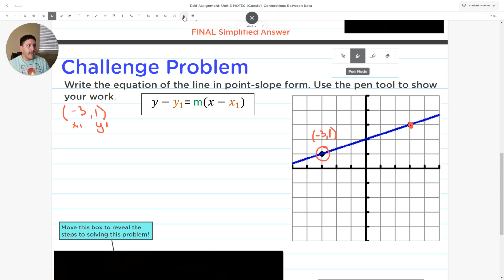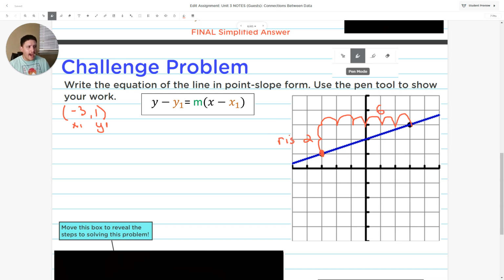So, now I have to do the following. I have to count from the first point and see how much I have to travel to the second point. So starting with the first, my rise, I have to go up 1, 2 to get on the same level as that point. So I have to go up 2, and then I have to go 1, 2, 3, 4, 5, 6 to the right.